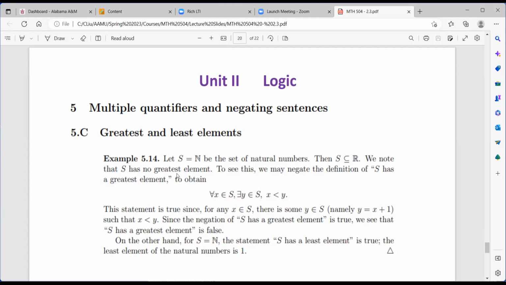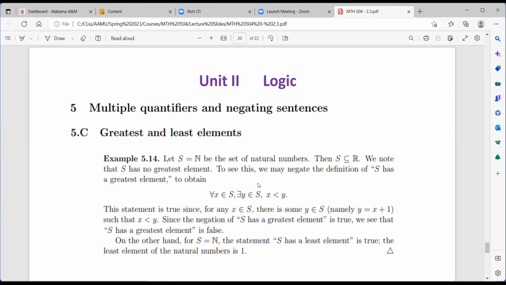That's called the natural numbers. So it just keeps going. You can always add one, no matter how big the number is, to make it a natural number. So it does not have a greatest element, but that can be understood in a different way by using symbolic logic.